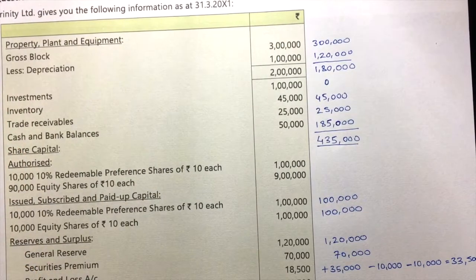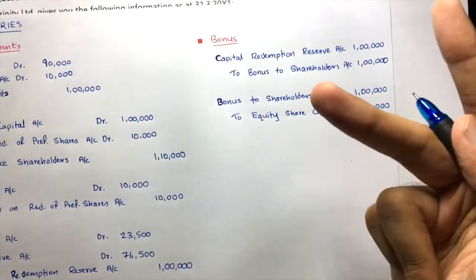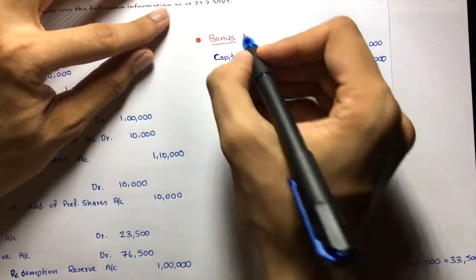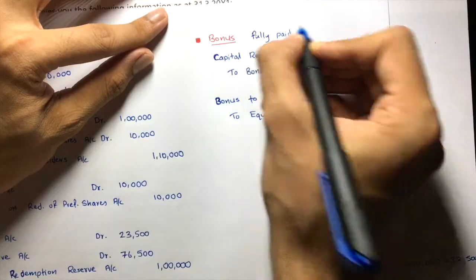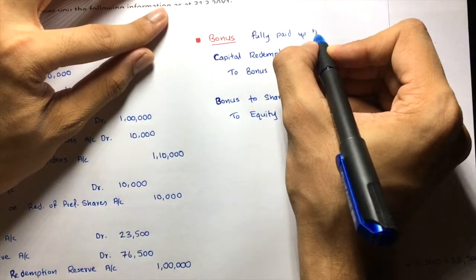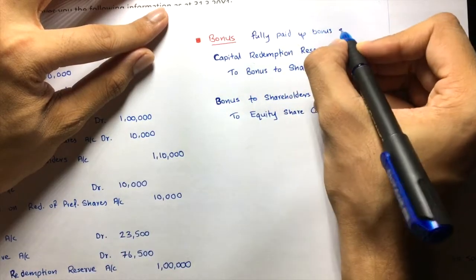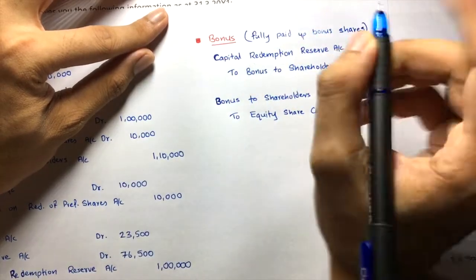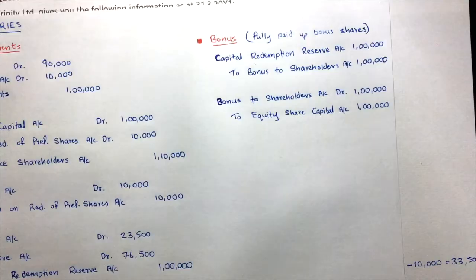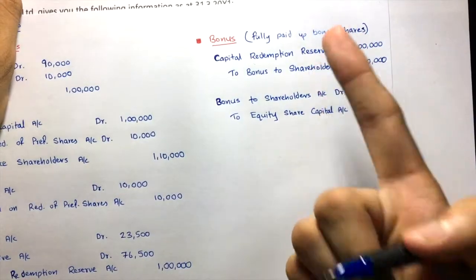So how will this happen? See, 2 entries you have to pass for issuing fully paid up bonus shares. Let me just write here: fully paid up bonus shares, not bonus call. So the first entry is utilizing the reserve.